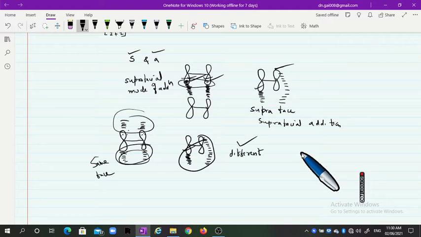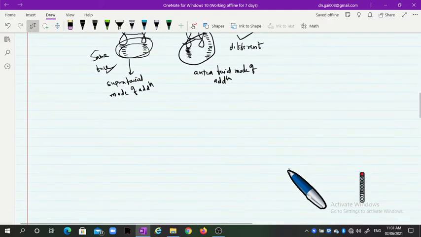This is different phase of addition and this is same phase of addition. Same phase of addition is called the suprafacial mode of addition, and this is called the antarafacial mode of addition. Okay, all right.